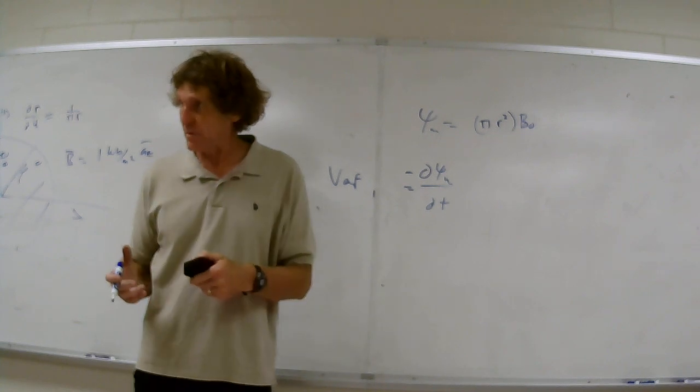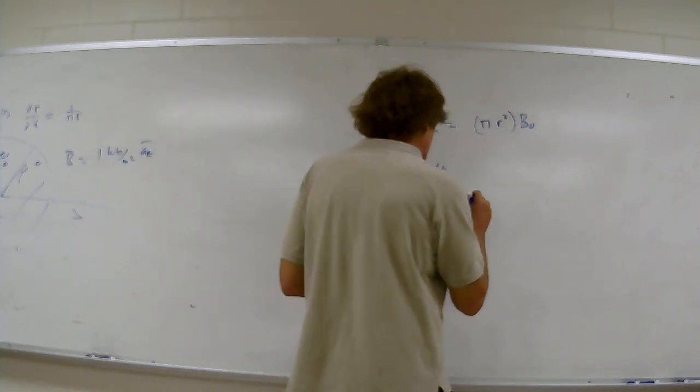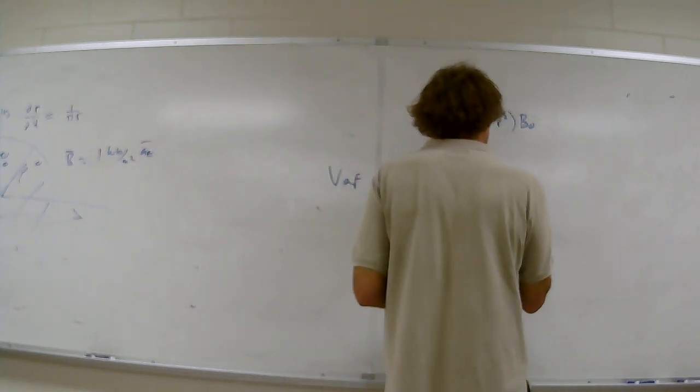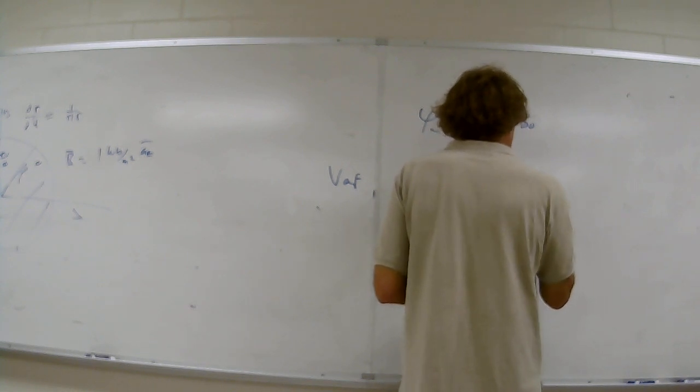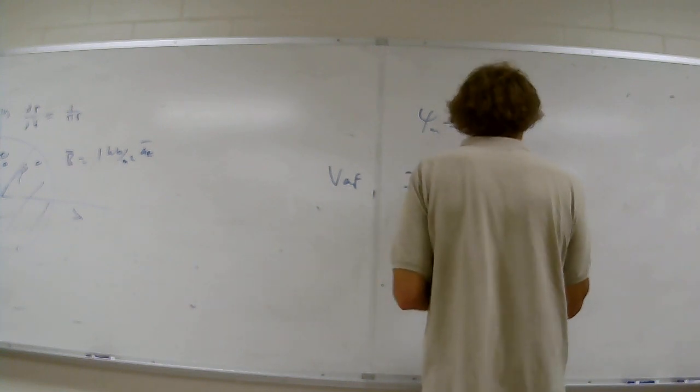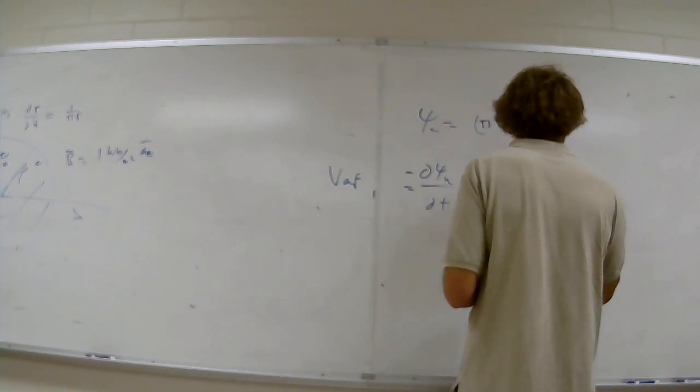All right, so if you take minus the time derivative of this, pi can come out in front, B naught can come out in front. Then I have d/dt of r squared.